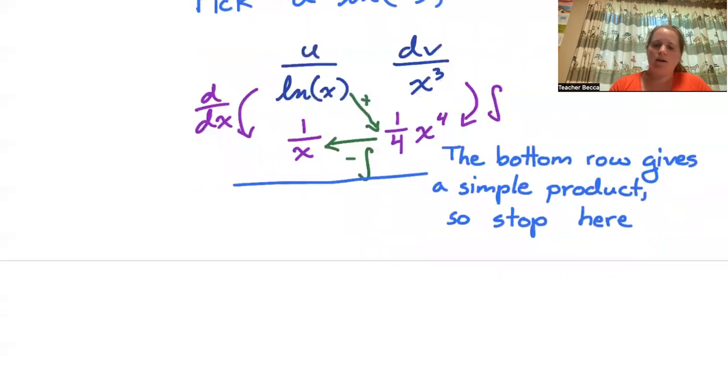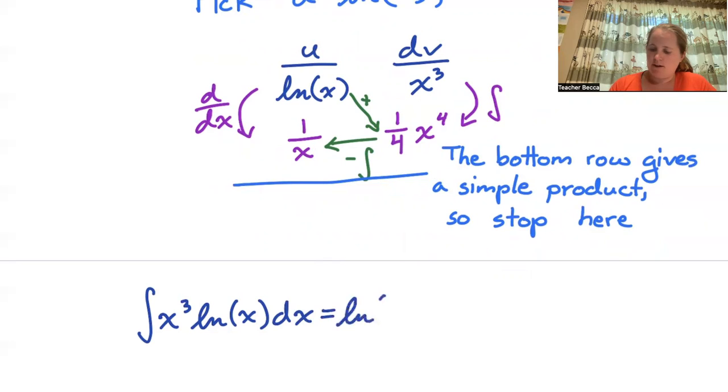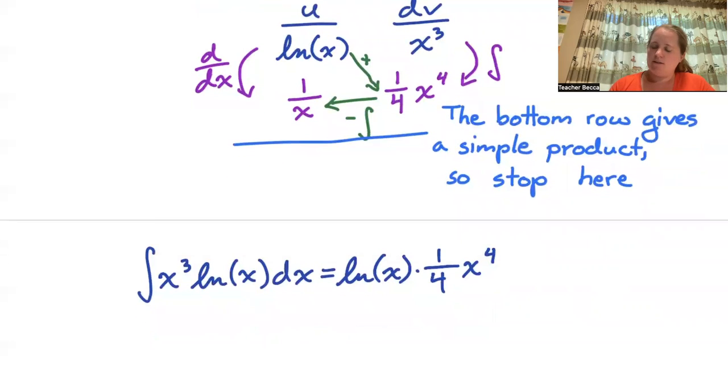So we have the integral of x cubed times the natural log of x dx is equal to the natural log of x times 1/4 x to the 4th minus the integral of 1 over x times 1/4 x to the 4th dx.